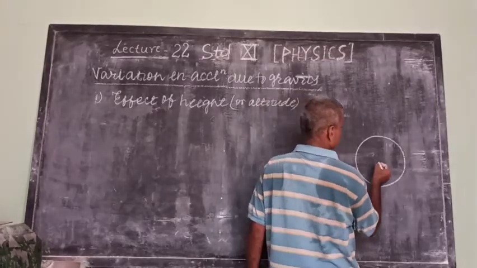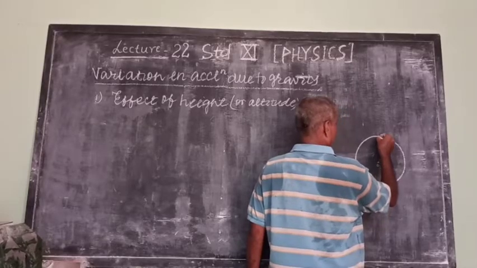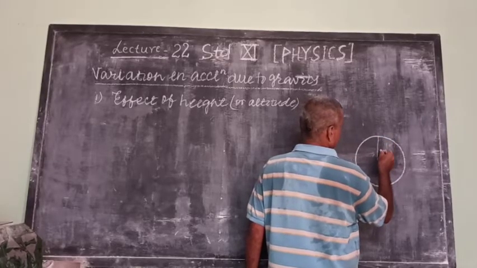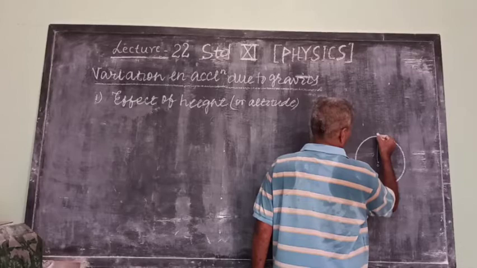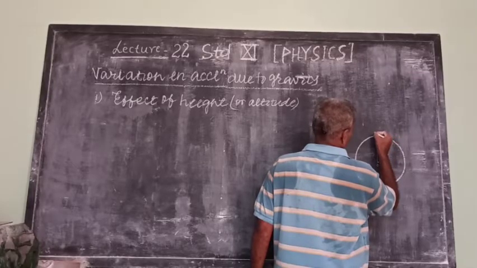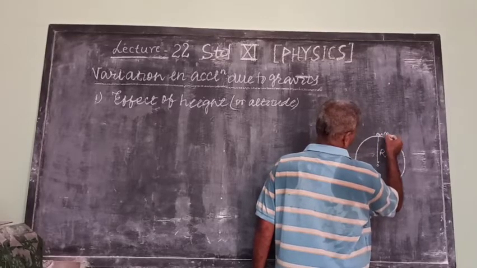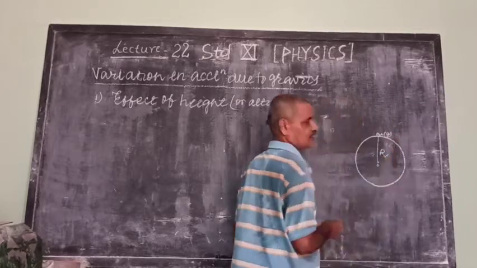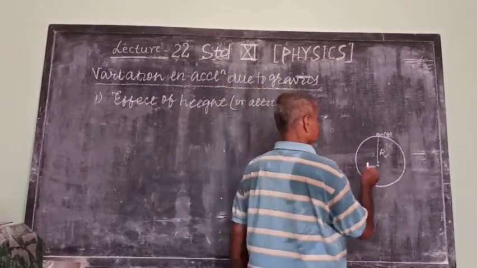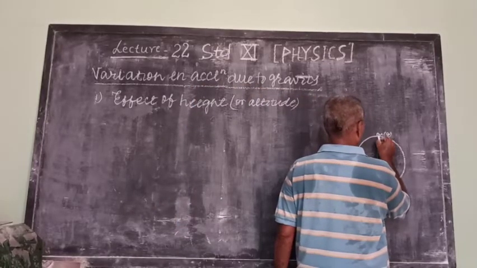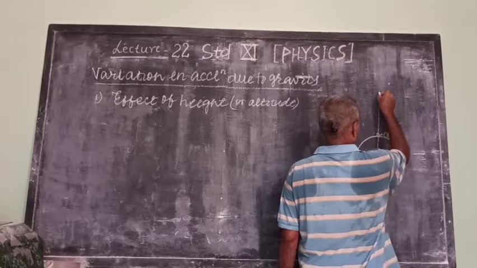This is the center of the earth, that is your radius of the earth, it is capital R, and the body having mass m, that is at point A, where the value of acceleration due to gravity on the surface of the earth is capital G. And then this body will be taken above the surface of the earth.